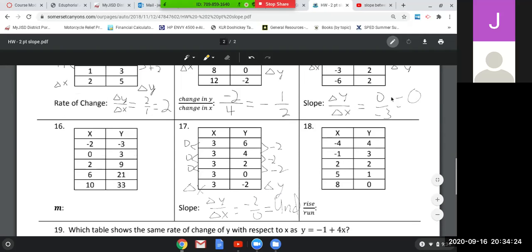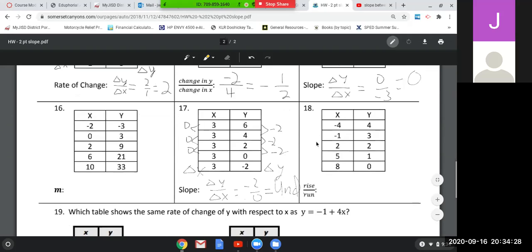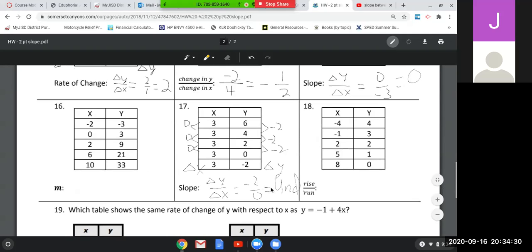And remember, anytime you get a 0 on top of the fraction, the slope is 0. Anytime you get a 0 on the bottom of a fraction, it's undefined, because negative 2 over 0 means negative 2 divided by 0, and that is against the first of the 10 commandments of algebra: Thou shalt not divide by 0.